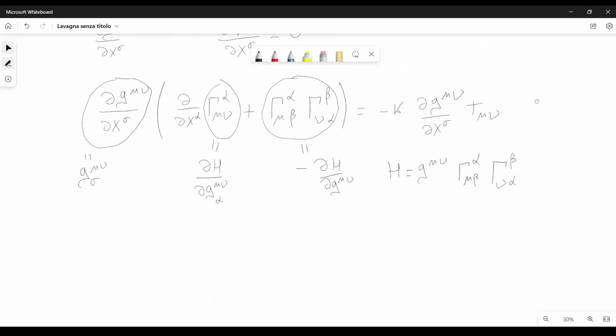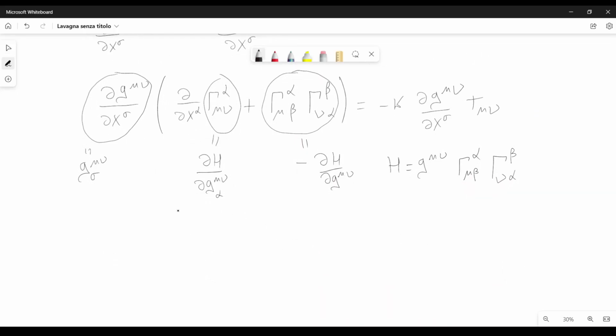So what we really have is g^{μν}_σ times the derivative with respect to x^α of ∂h/∂g^{μν}_α minus ∂h/∂g^{μν}, equal to minus k ∂g^{μν}/∂x^σ times T_{μν}.